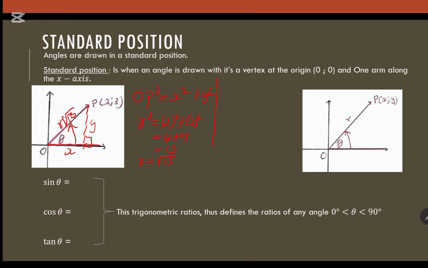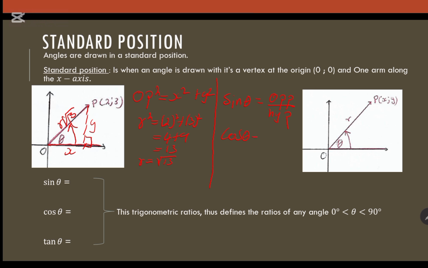Now, again, I want us to look at the definitions of trigonometric ratios as they did in grade 10. They said the sine of theta is given by the length of the side opposite to the angle theta divided by the hypotenuse.